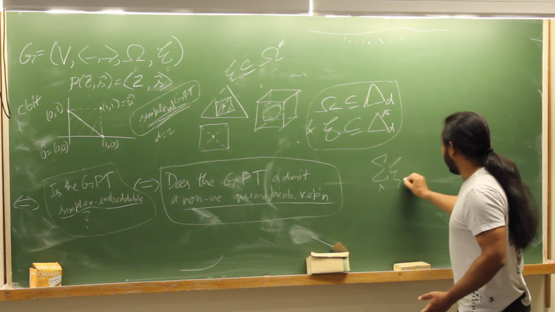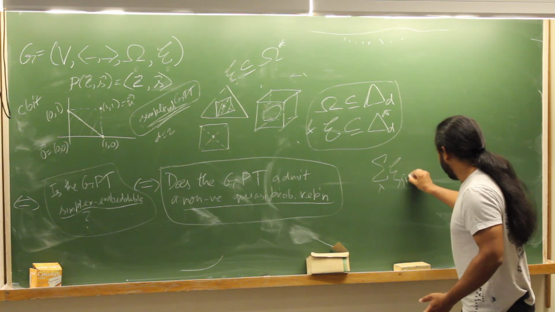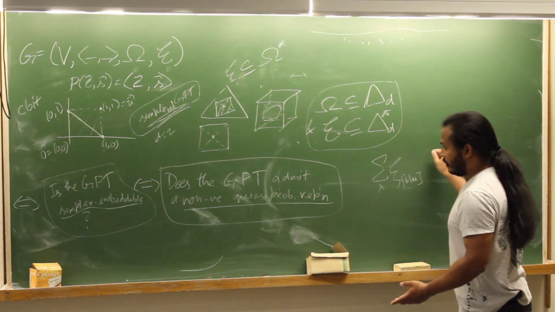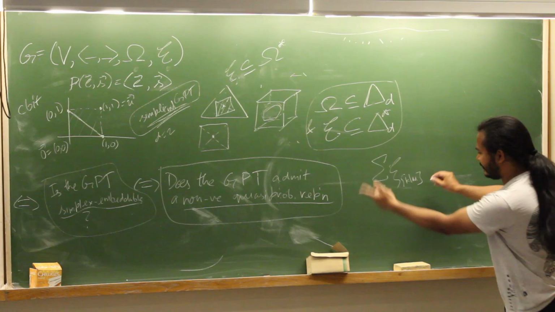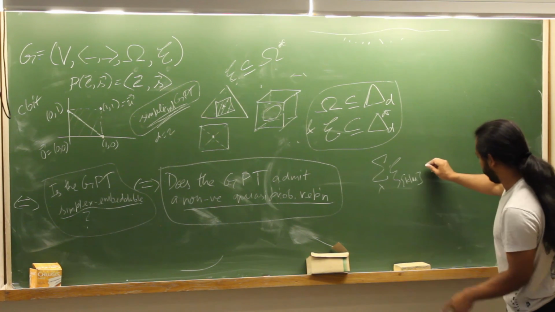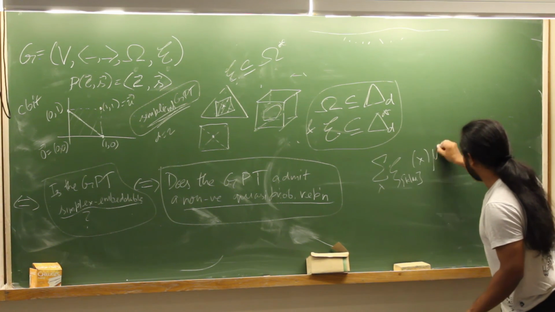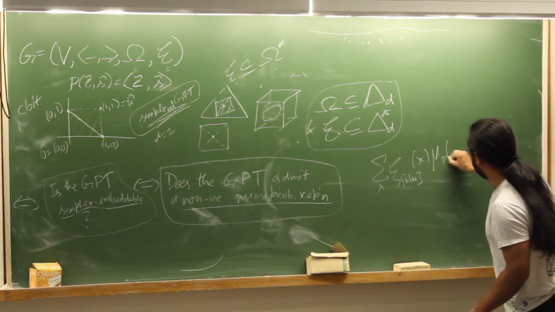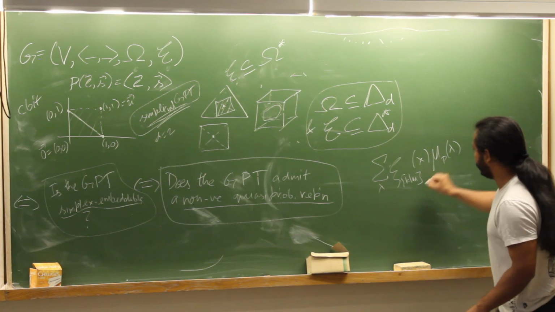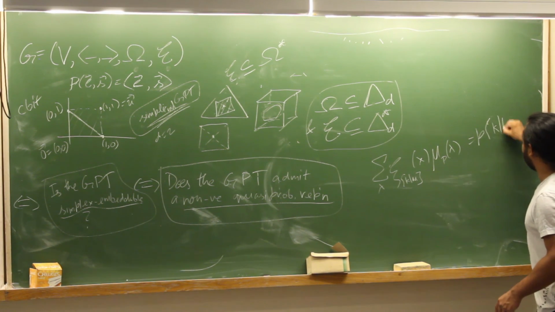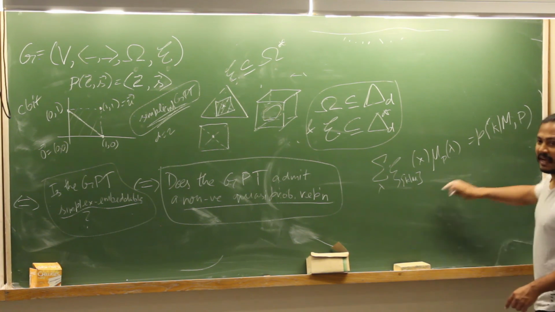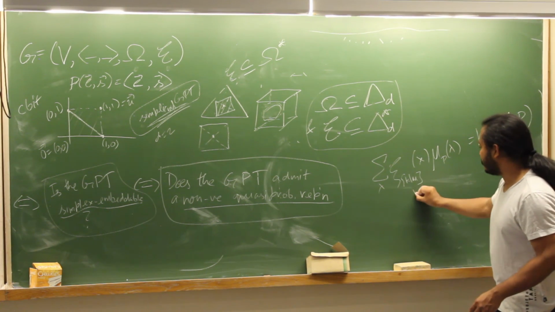Like psi k given m, or maybe you can say this for the operational theory, but let's say we work with GPT because they're equivalent sort of things. So we had this thing, right? Like lambda, that this was defined as p of k given m, right? We had an ontological model, and these were all supposed to be non-negative.